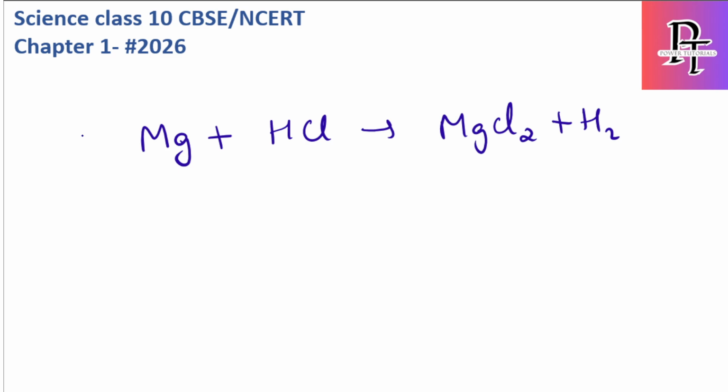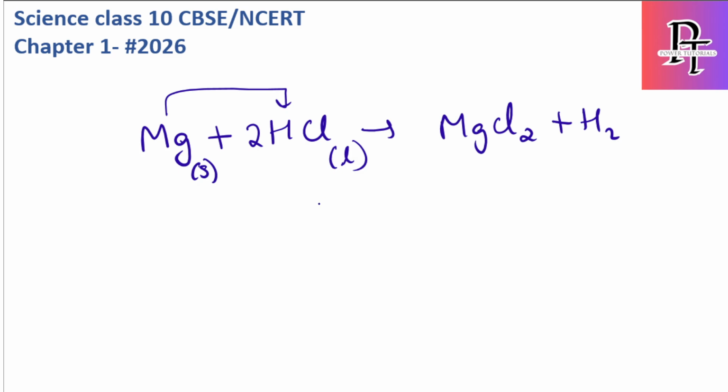Why? Because magnesium is more reactive than hydrogen. So magnesium will take the place of hydrogen and it will be emitted out, whereas magnesium's valence is 2, so it is MgCl2. So let's balance this. If we keep a 2 here, yes, now it is a balanced chemical equation.